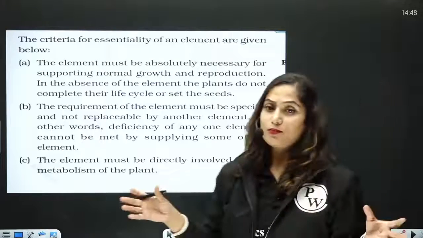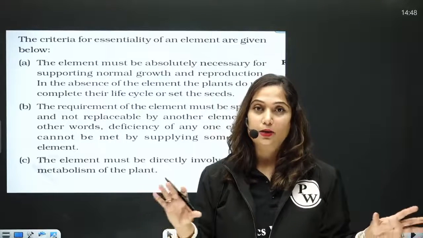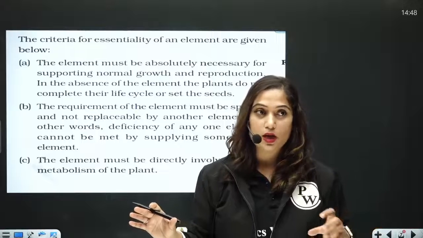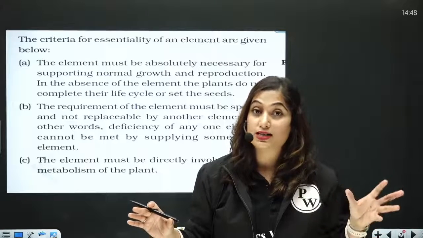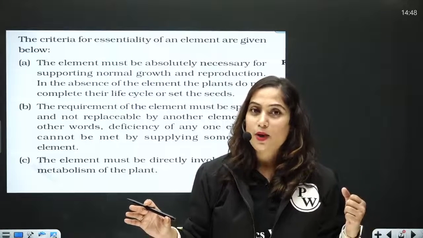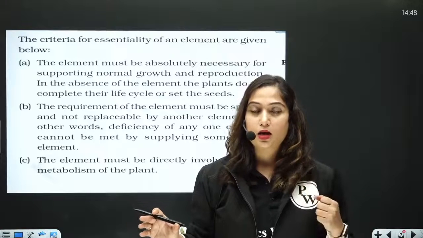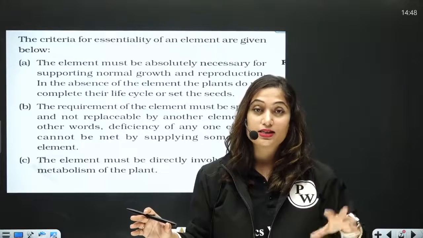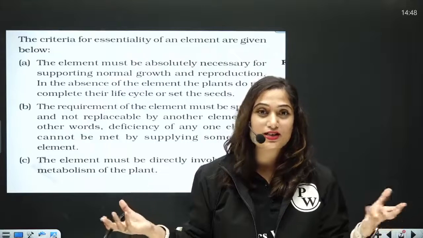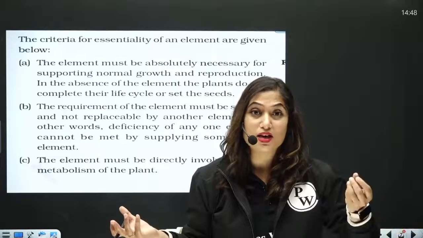Now, I have just told you that with the help of the technique hydroponics, we can make out which element is essential and which is not. But how will you decide that a particular element is essential or not? What is the criteria for that? What is the basis for that?